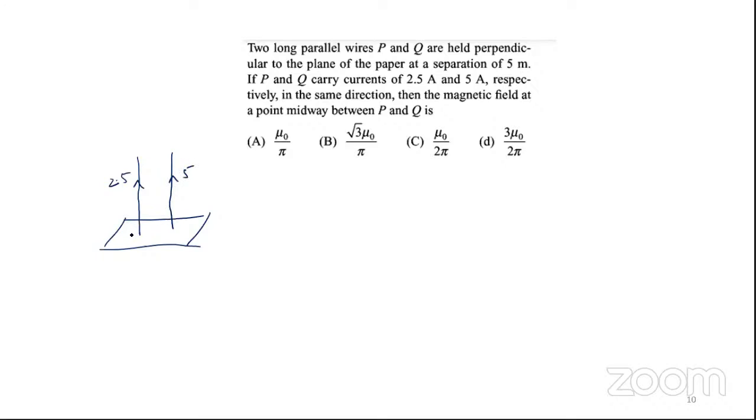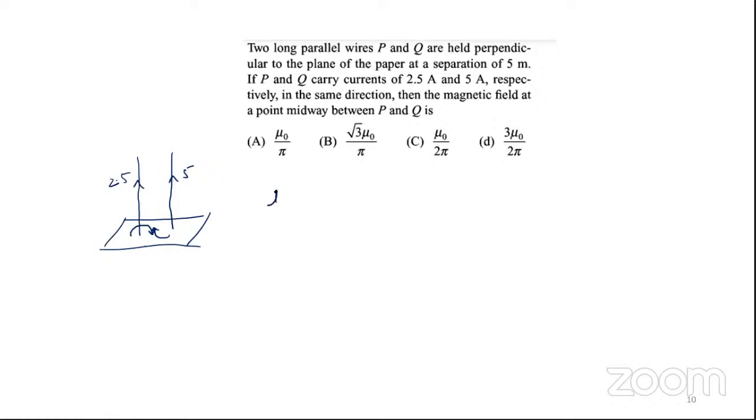So the magnetic field because of the first one will be in this direction, for the second will be in this direction. So they will act in opposite directions, so we'll have to find a difference between them.